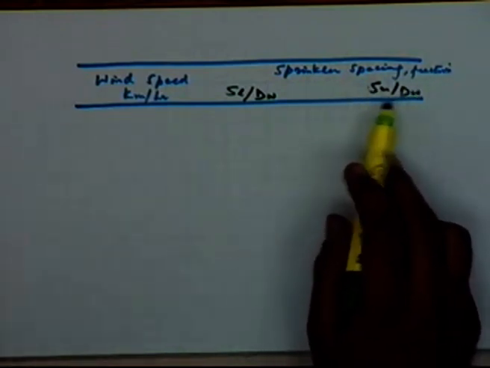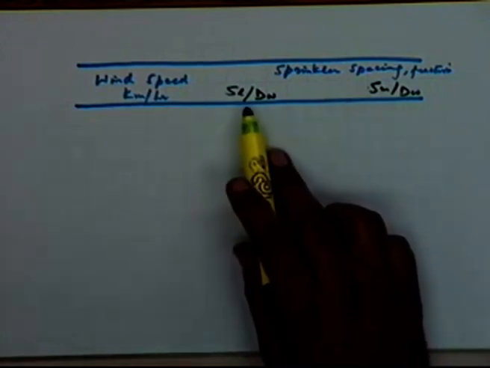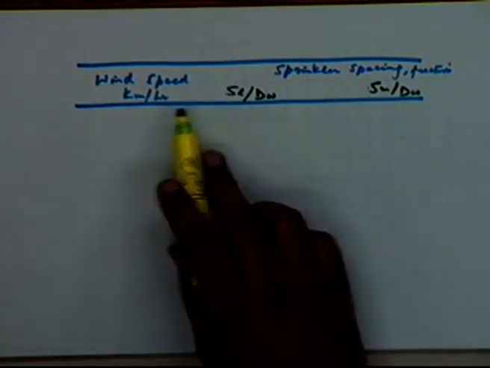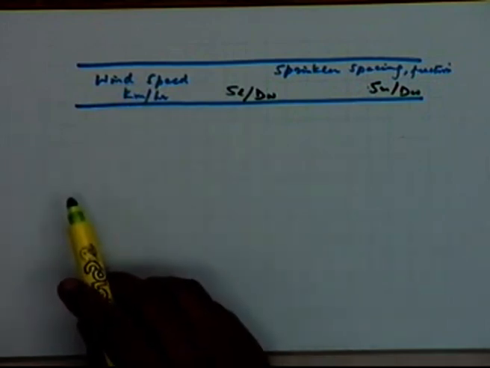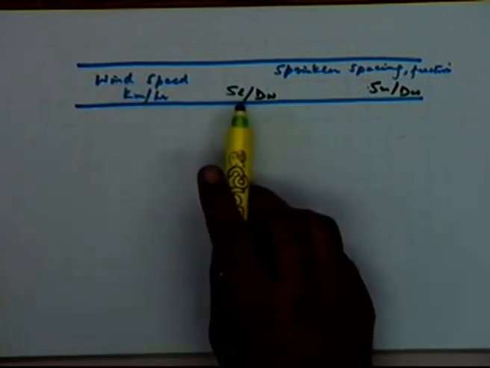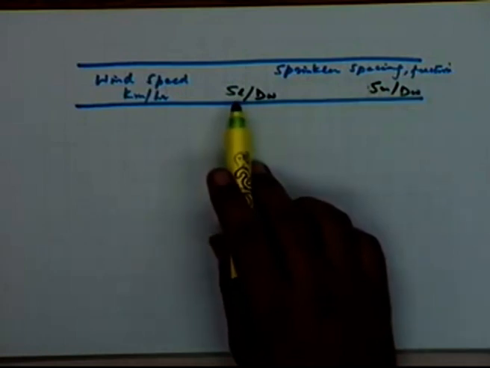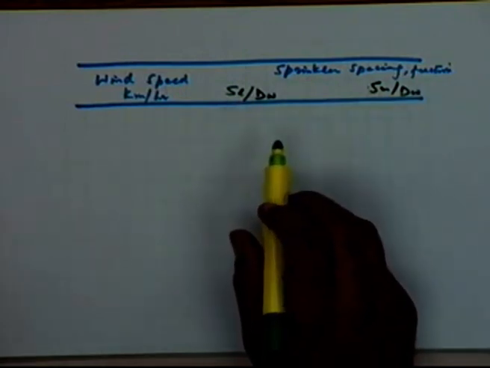The spacing has been provided with respect to different wind speed conditions as a fraction, as a ratio between the spacing and the wetted diameter.